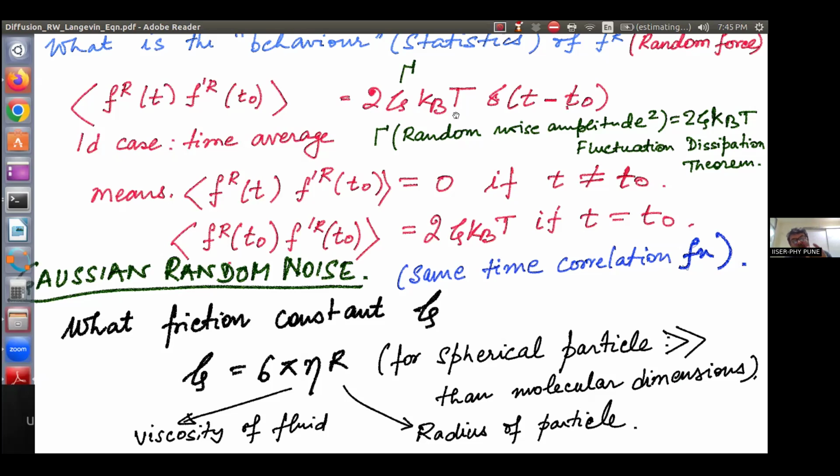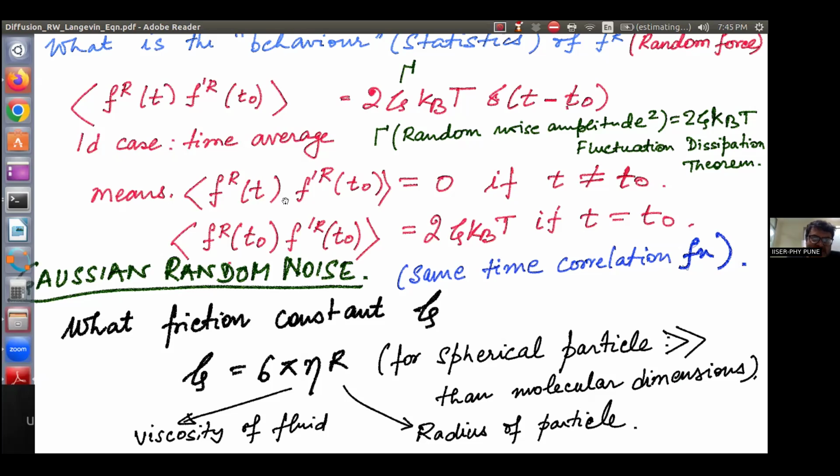After all, this is a thermally driven phenomenon. The fluid particles have speeds and velocities due to k_B T, the thermal bath, statistical physics. So it is 2 zeta k_B T delta(t minus t0).